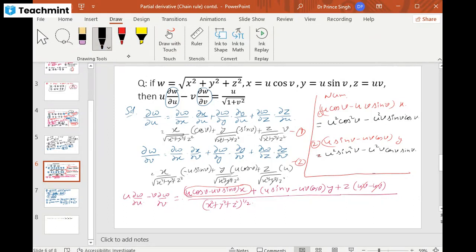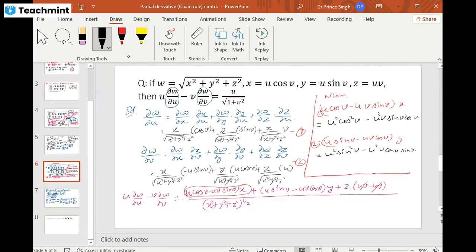Okay, right. So if we add these two terms, u square sin square v, and this is uv cos v sin v. It is u square v sin v cos v.